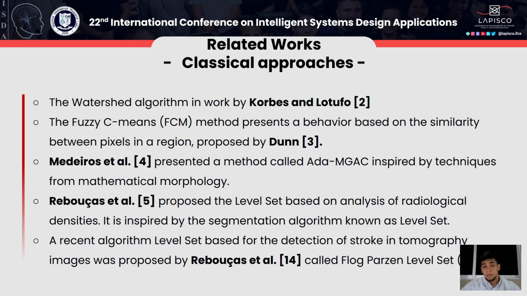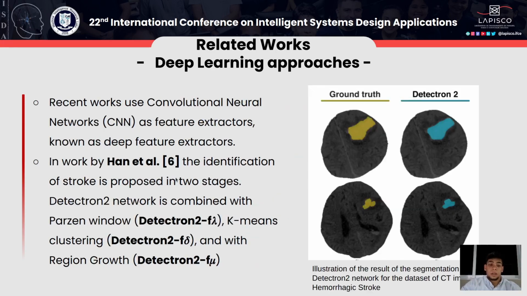The fuzzy C-means (FCM) method presents a behavior based on the similarity between pixels in the region, proposed by Dan. Pixels are grouped according to their characteristics, through iterative minimization of the cost function.